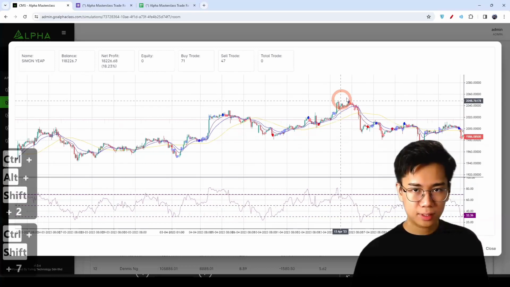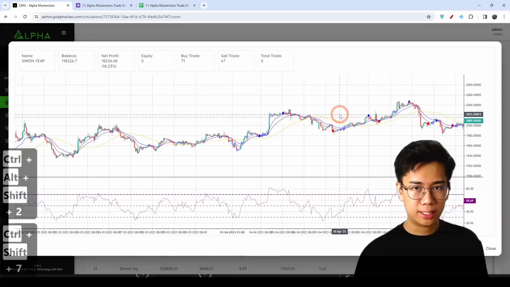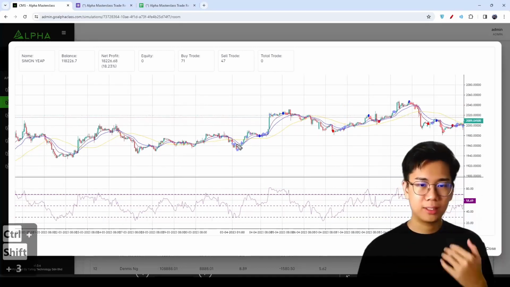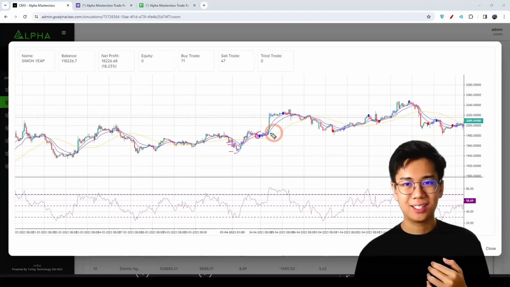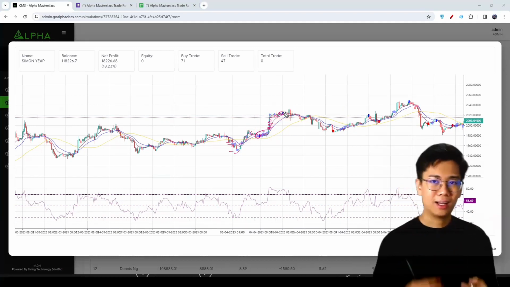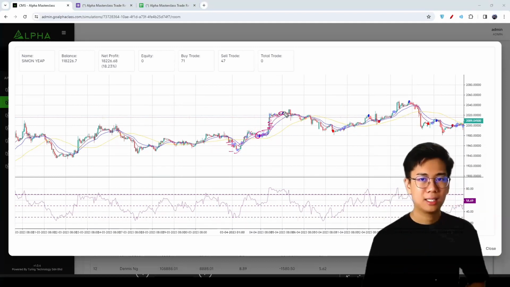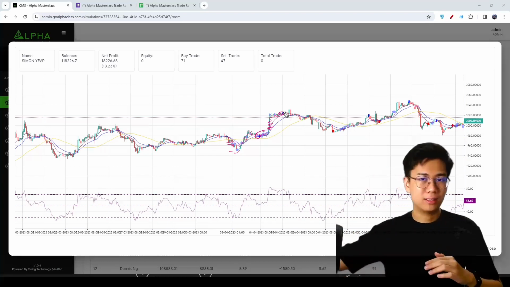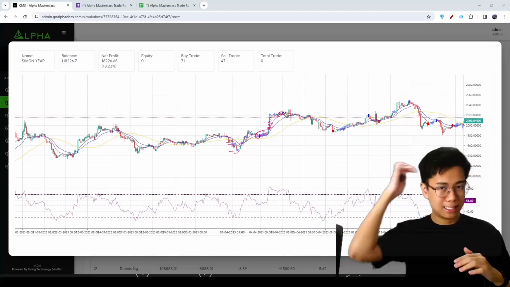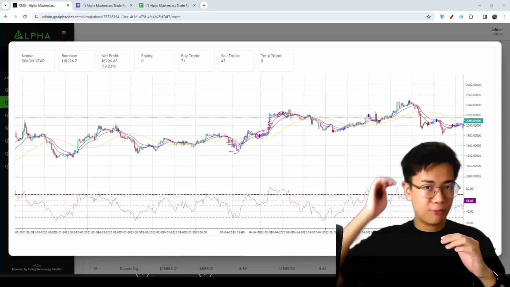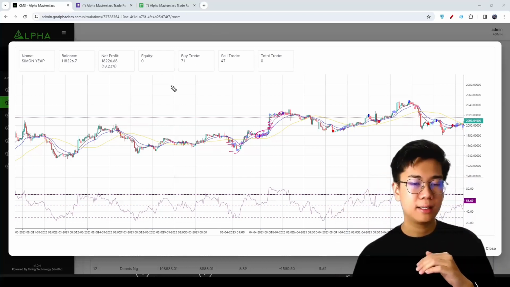Different style of trading, you can see he doesn't know if it's good or not. The benefit of this is an advanced version of dollar cost average, DCA, which I can talk about later.